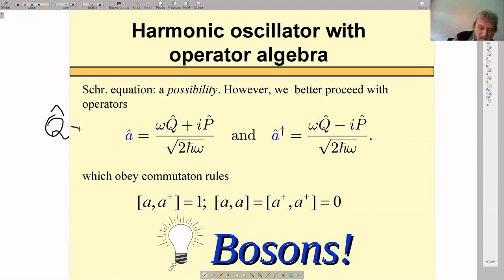In coordinate representation, Q would just become a number Q, and momentum would become a derivative, and from that one can rewrite energy in the form of a Schrödinger equation.